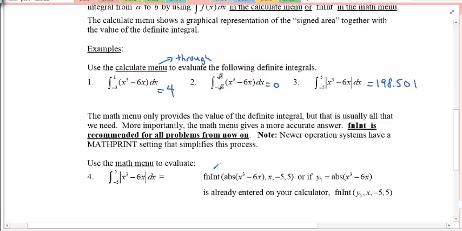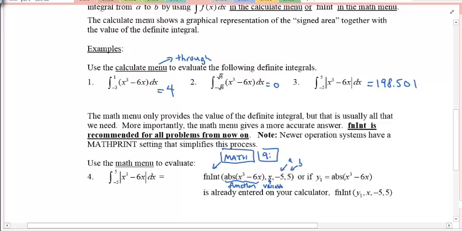So this is math key on the calculator, number 9. And you can type it in this way. So notice that the first thing is always the function. X is always x, which is the variable. And then here's your a value, and here's your b value.